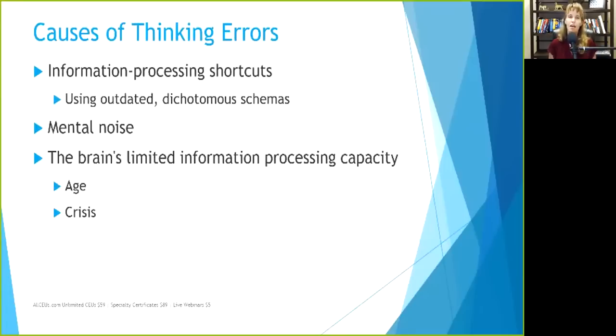events. But when someone is in crisis, and it could be what we think of clinically as crisis, or it could be they're just completely overwhelmed and burned out and have been burning the candle at both ends for 3 months, they're not going to process information quite as well.